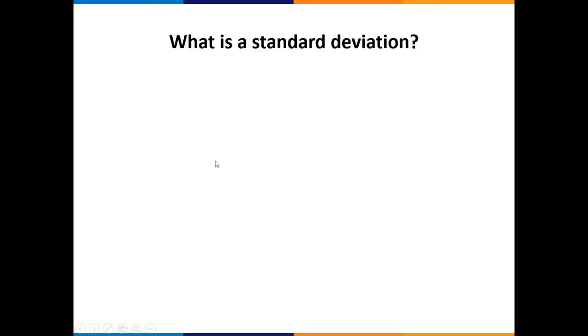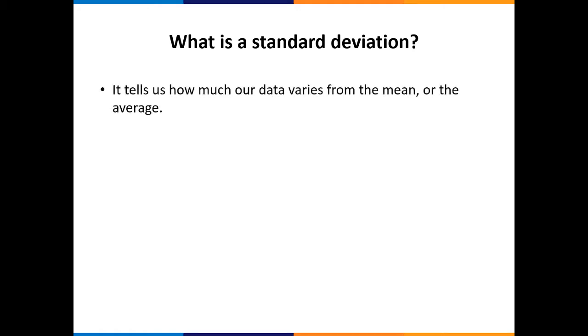Okay, so here we go. What is a standard deviation? First, it is not that thing that you skip over in your tables because you're not sure what it's telling you. What it actually tells us is how much our data varies from the mean, or the average. So how much variation is in our data, and specifically how much does it vary from the average?